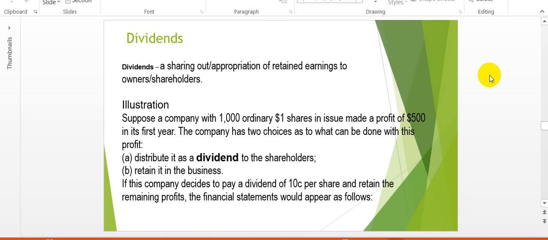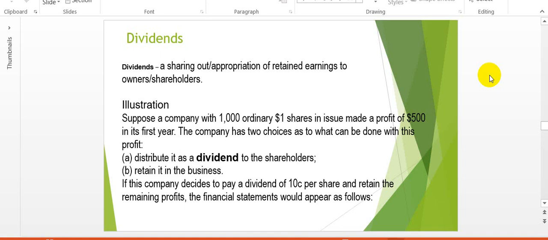So let's look at an illustration. Suppose a company with 1,000 ordinary shares of $1, so the $1 there is the nominal value, made a profit of 500 in its first year. The company has two choices to make.